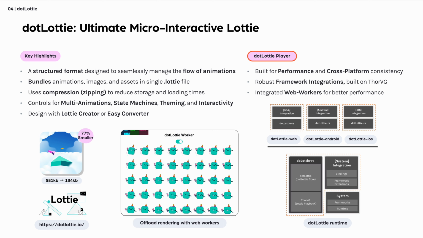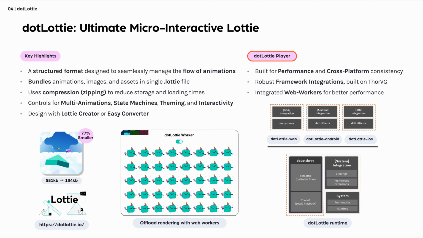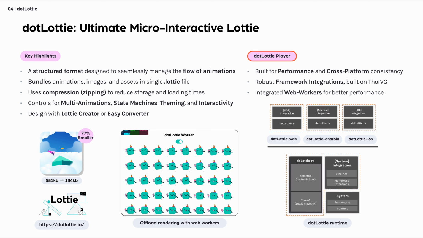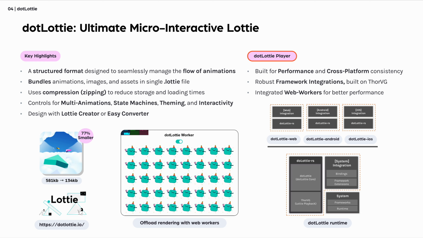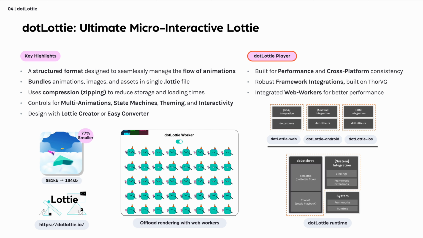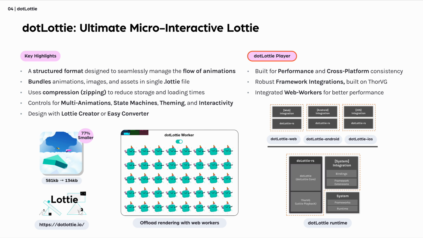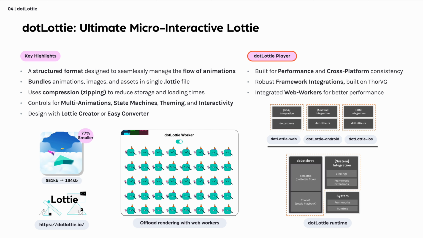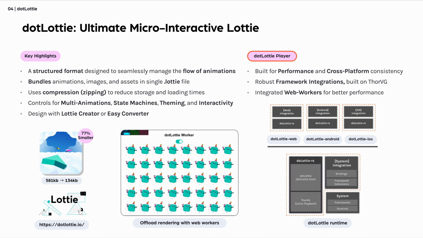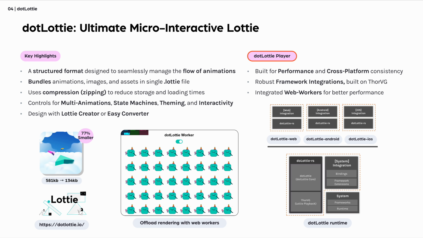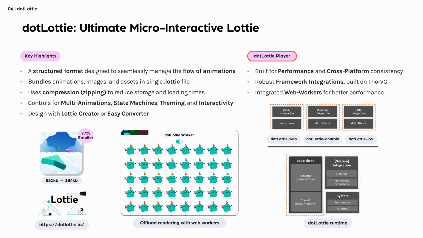So to use the DotLottie format in our application, we can leverage the DotLottie player library. This library is built on ThorVG and provides high-level user interfaces, while supporting various platform integrations through dedicated packages such as DotLottie Web, DotLottie Android, and DotLottie iOS.